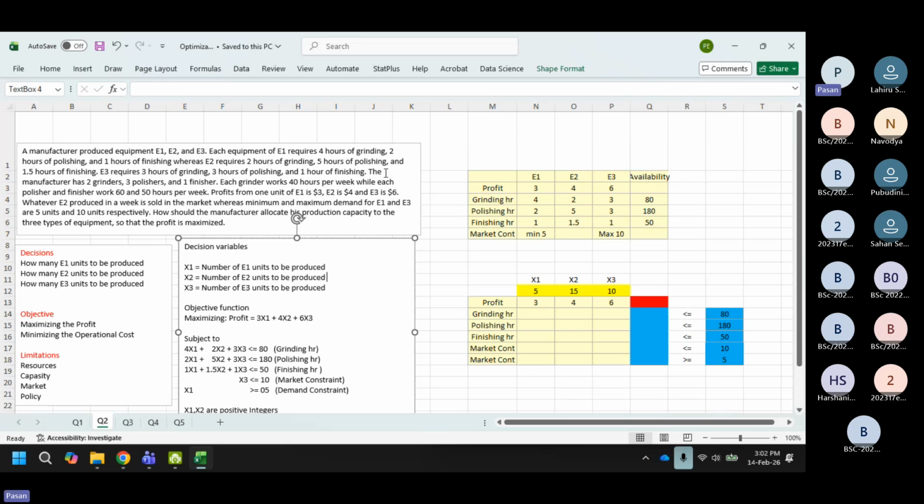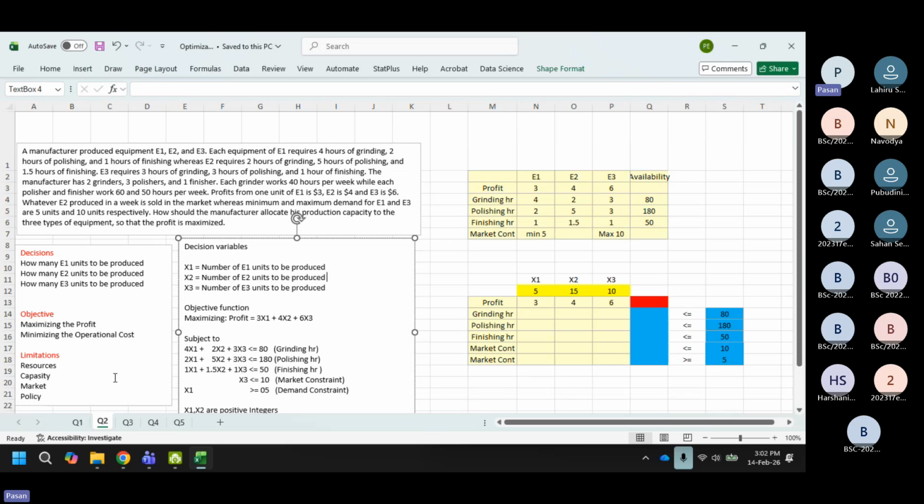Okay, I forgot this part here, right? I was checking why these are 80 and 180 here. The manufacturer has two grinders and three polishers and one finisher, right?